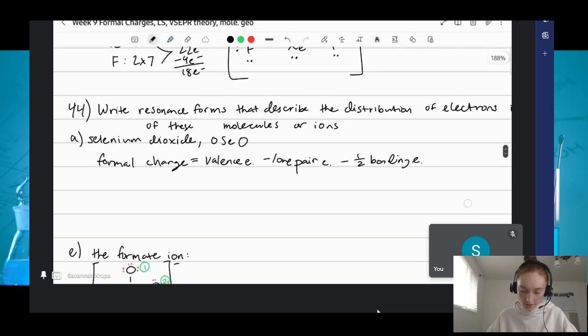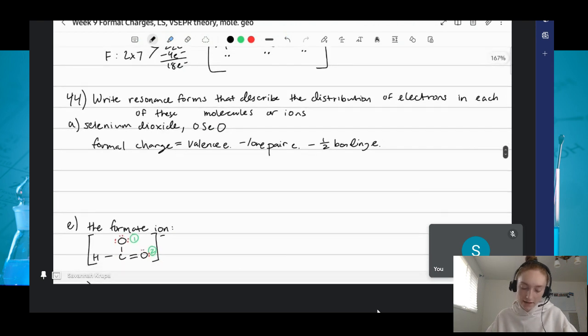So let's move on to 44, and now we are working with formal charges, so we'll have to look at the formal charges for different bonding, and that can really help with what these bonds will look like.